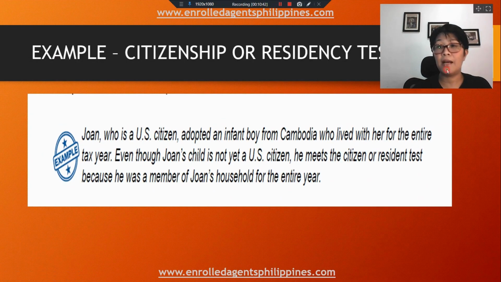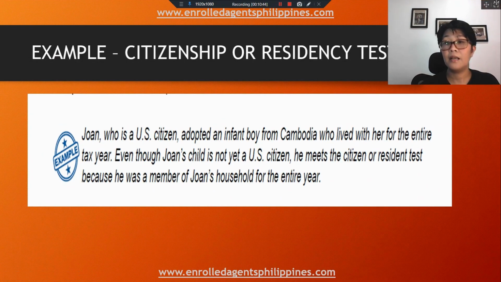Okay? Ito naman, example to ng citizenship or residency test. Okay. Joanne, who is a U.S. citizen, adopted an infant boy from Cambodia who lived with her for the entire tax year.